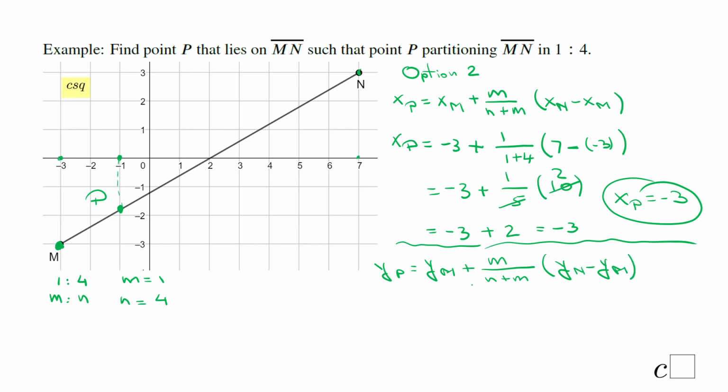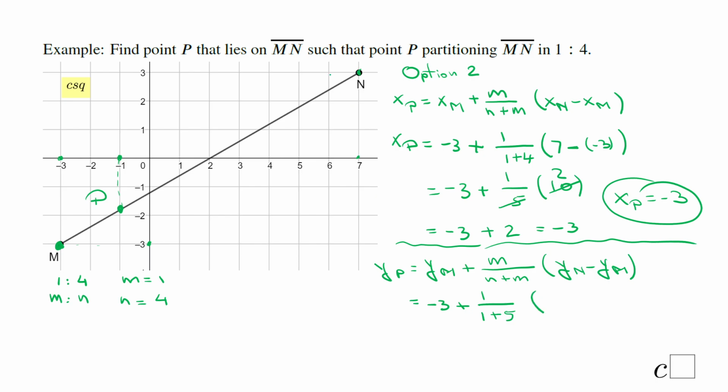Okay, so what do we get here? We're gonna have ym, y sub m, that is this guy, -3, right? Plus 1 over 1 plus 4.